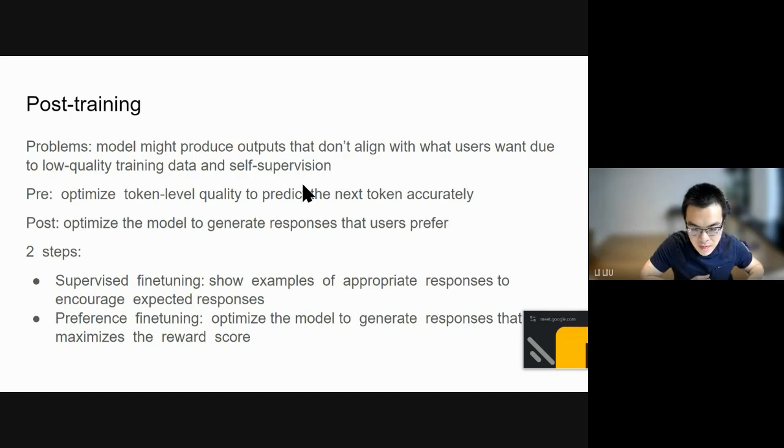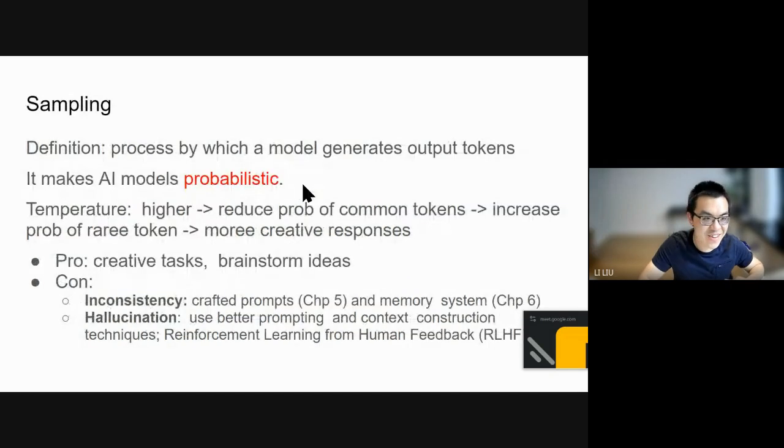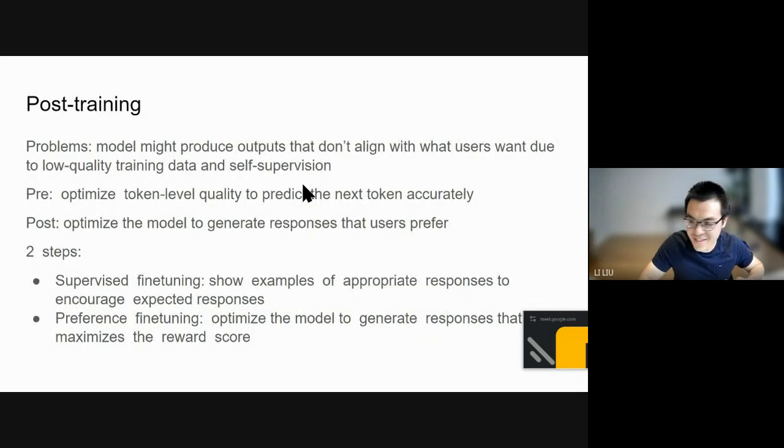We show the labelers the model responses, and they score and compare different responses, so that these scores and feedback from the labelers can be used to further do the post-training for the model. Does anyone have questions? I hope it all makes sense.